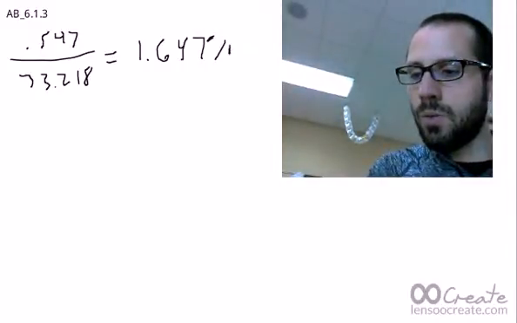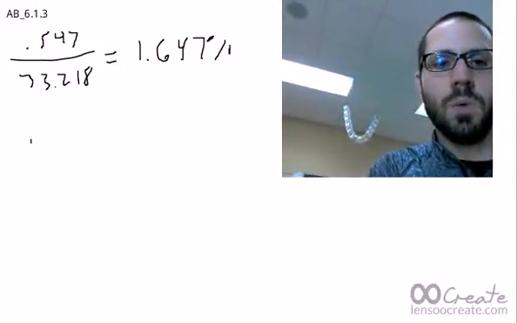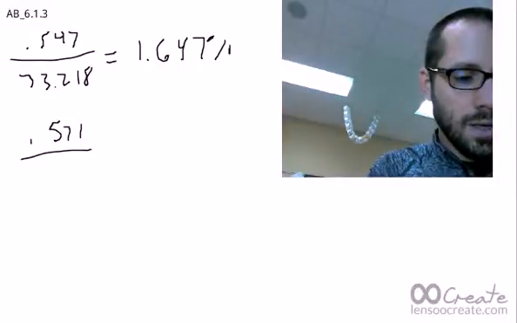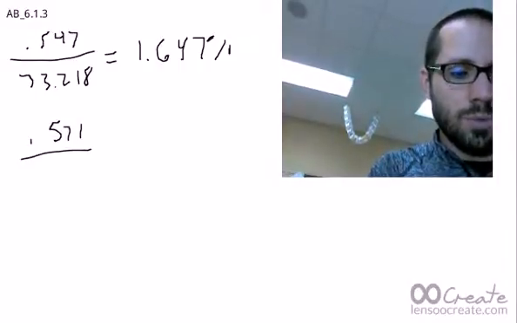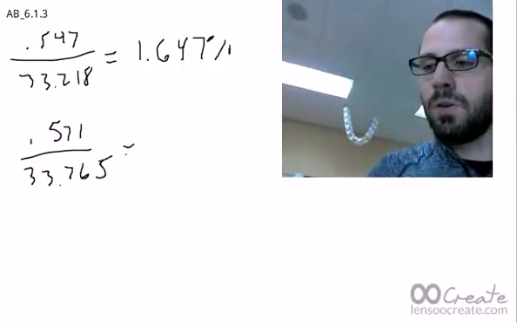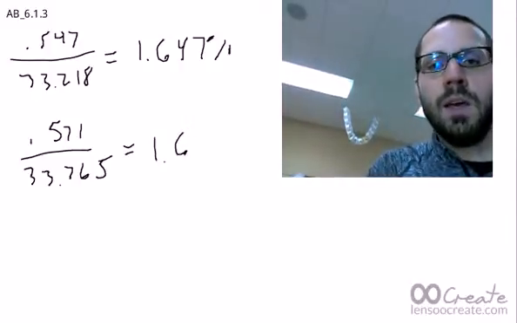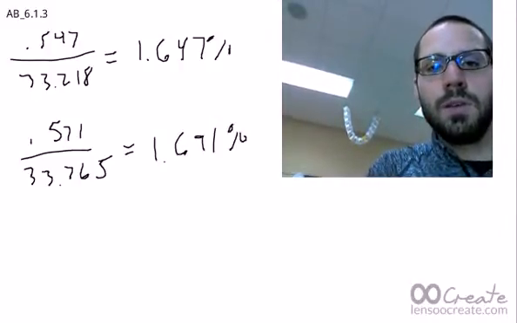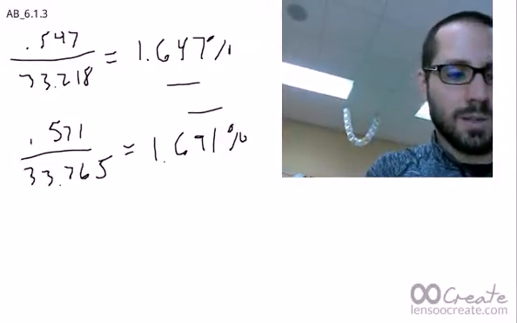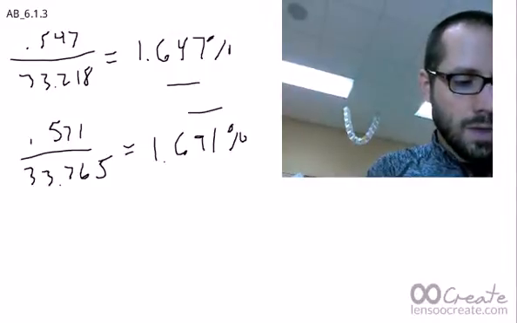From 99 to 2000, the increase was 0.571, and the population was 33.765 million, for an increase of 1.691%. The percent increase was not linear, so we can suggest population exponential growth.